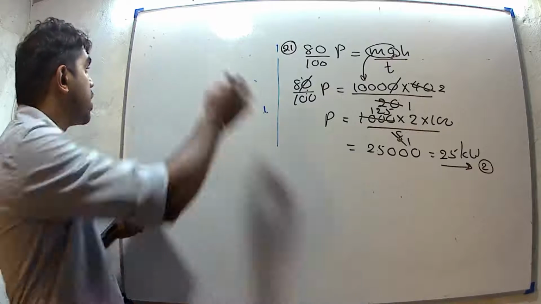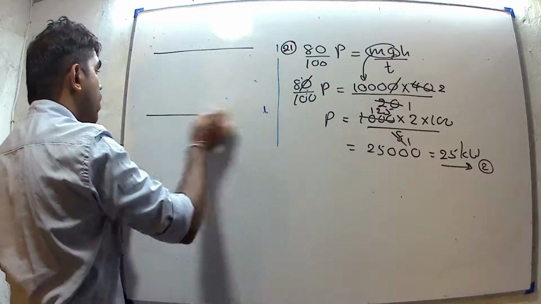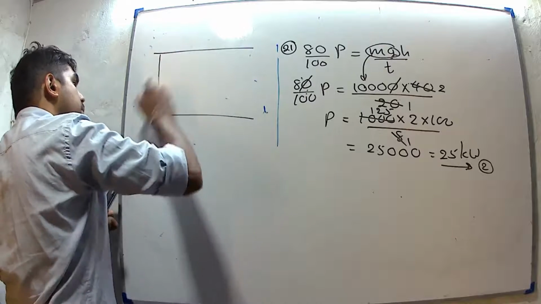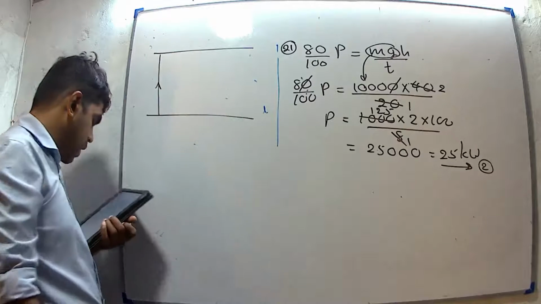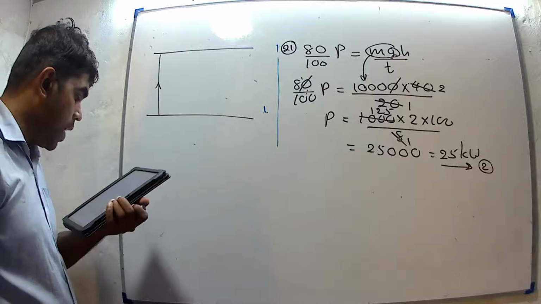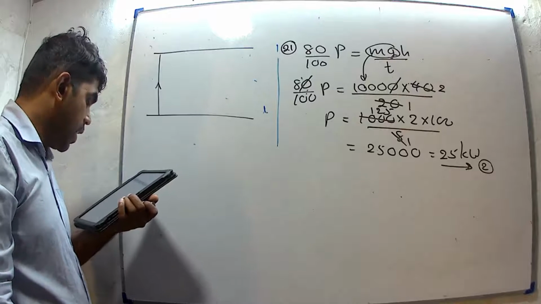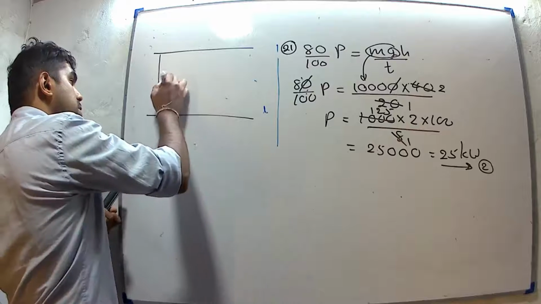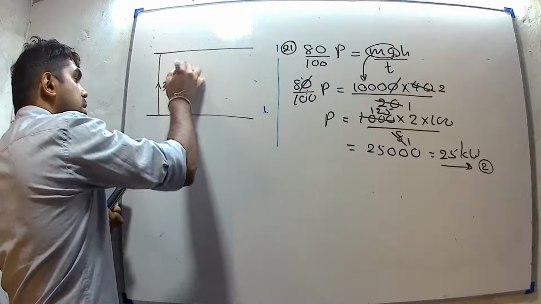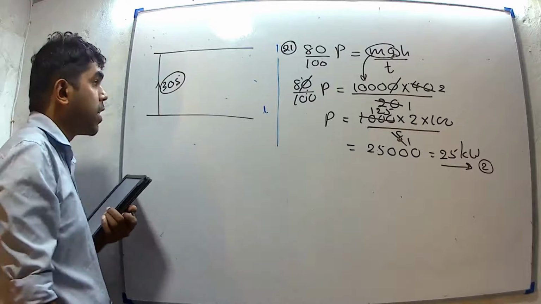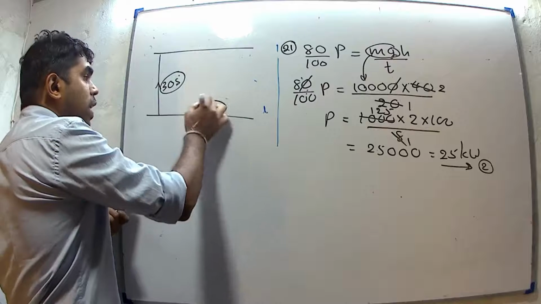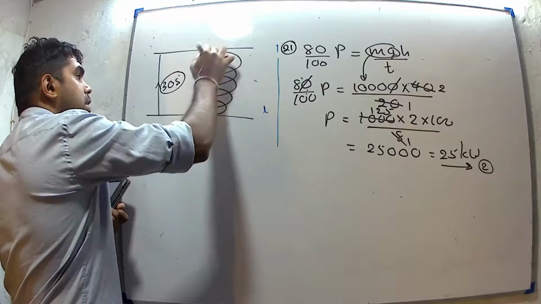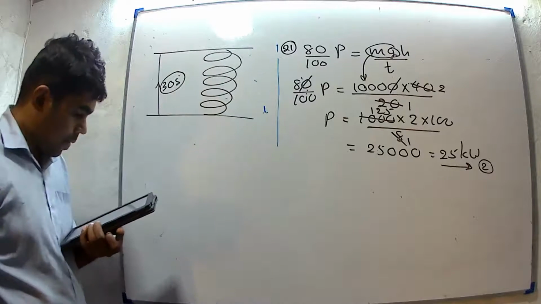For the first situation, the height is not given. A monkey climbs a certain vertical height along a vertical rope with uniform speed in 30 seconds. Time is given as 30 seconds. For the second situation, there is a spiral path.